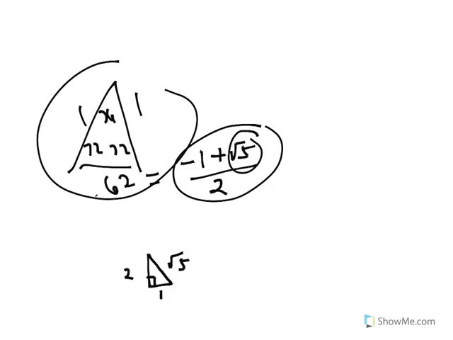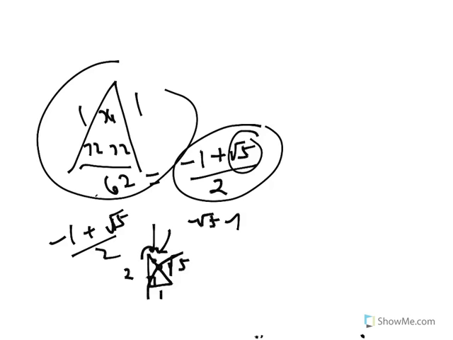Then I can draw a little circle here so that if this is 1, that's 1, and that would make this little piece square root of 5 minus 1. And then if I take the midpoint there, that piece will be minus 1 plus square root of 5 over 2, which is our goal.